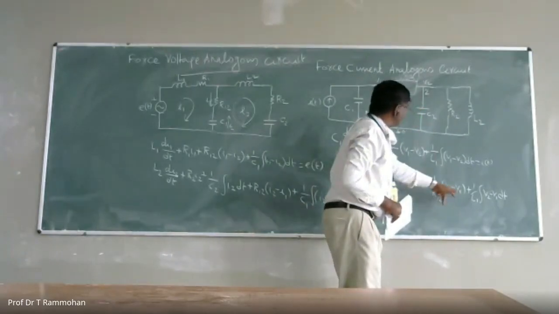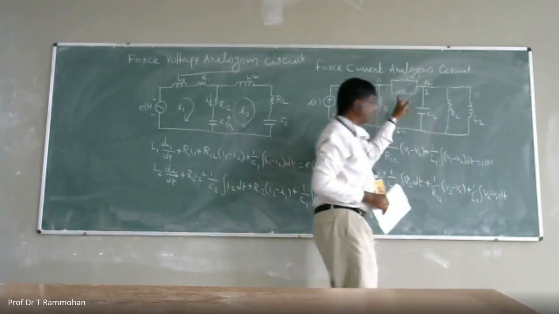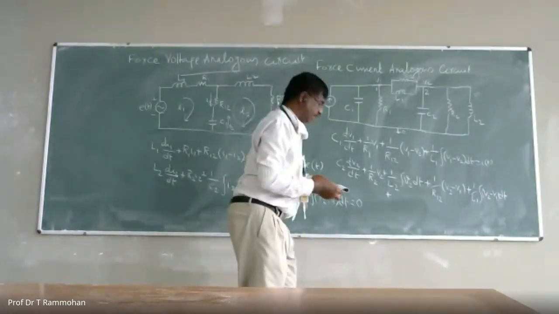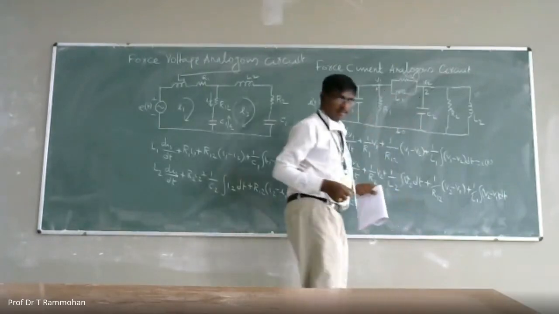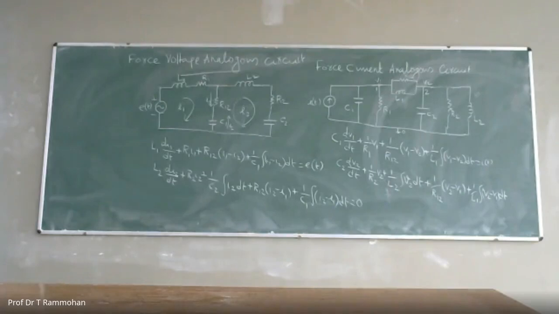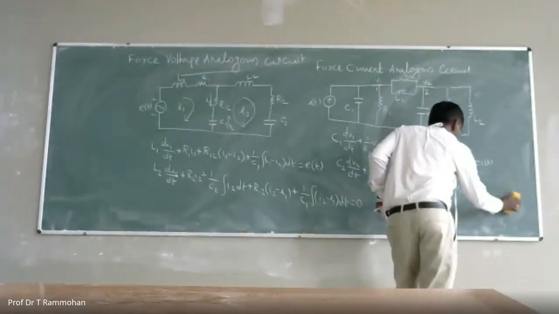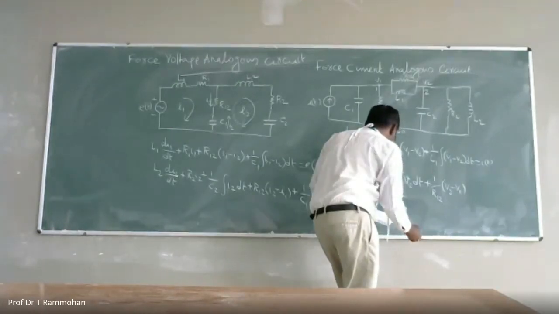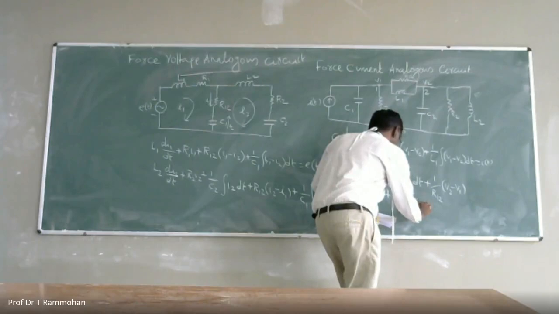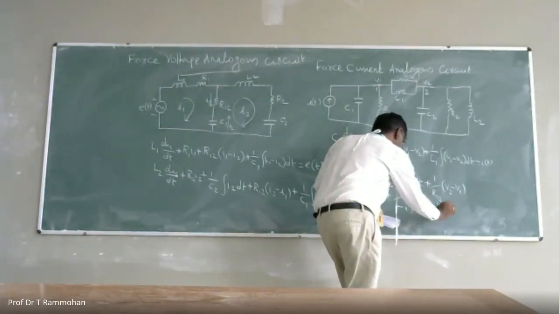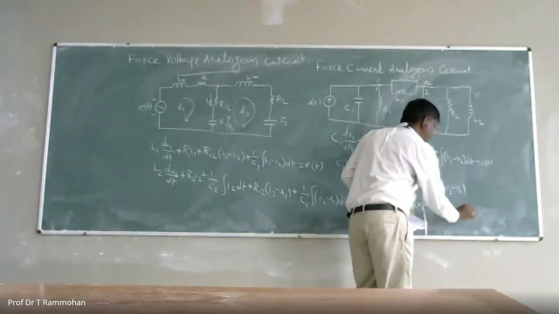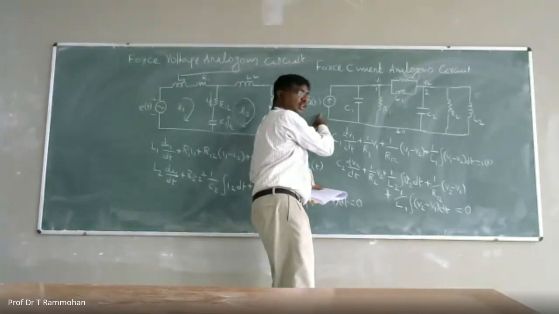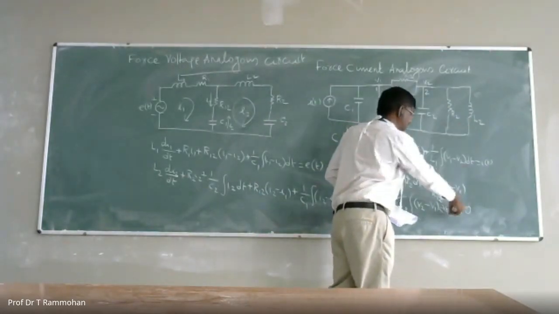So 1 by R12 (V2 minus V1) plus 1 by L1 integral (V2 minus V1) dt equal to 0, because V1 experiences input current, but at V2 there is no input current, so this is 0.